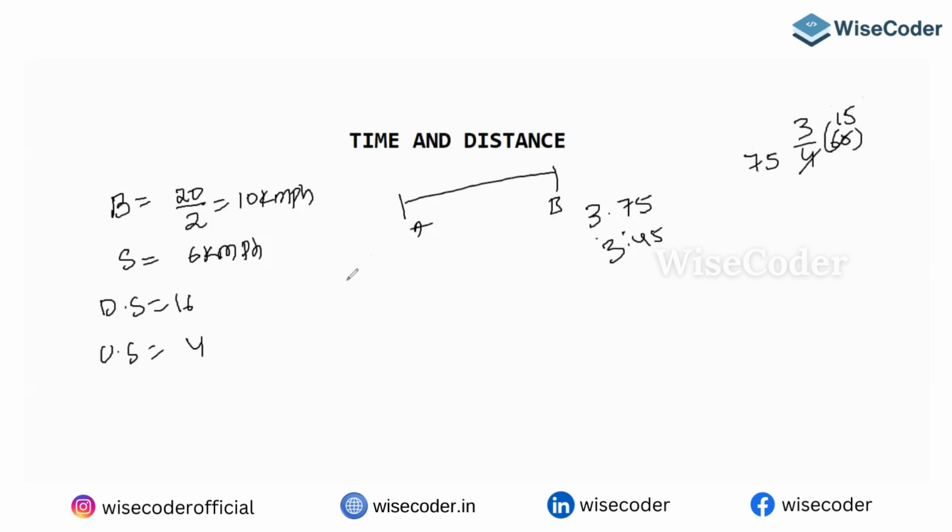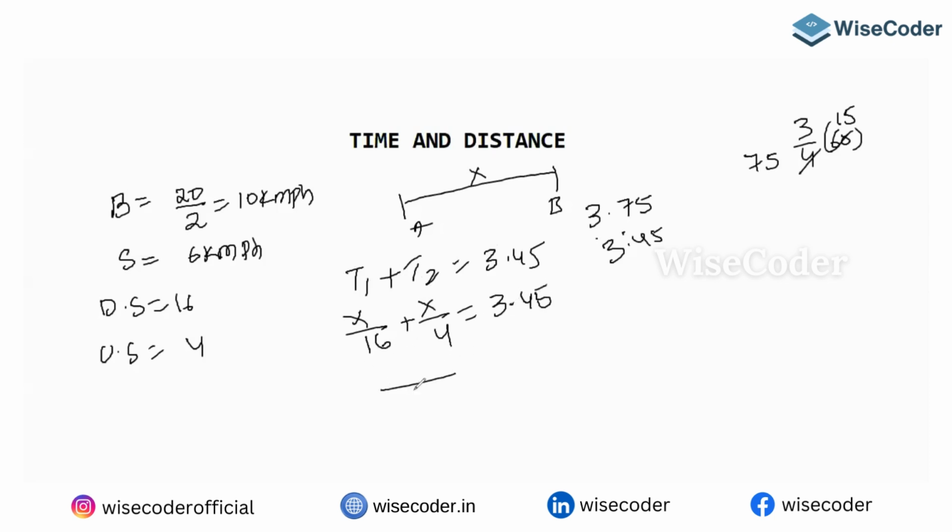Basically, you can say T1 plus T2 is equal to 3 hours 45 minutes. So let me assume the distance is x: x by 16 plus x by 4 is equal to 3 hours 45 minutes.